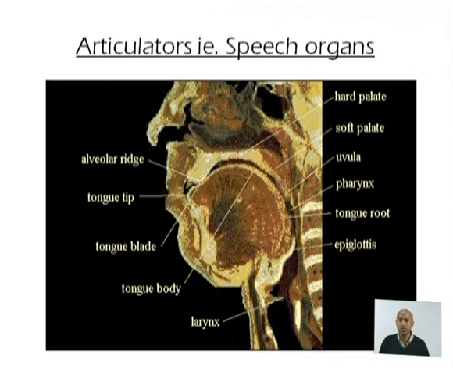Then we have the tongue root, the pharynx, the uvula, the soft palate, and the hard palate. Okay, the hard palate is nothing else but the roof of the mouth. Right inside, when you curl your tongue up, that's what it touches, the roof of the mouth.